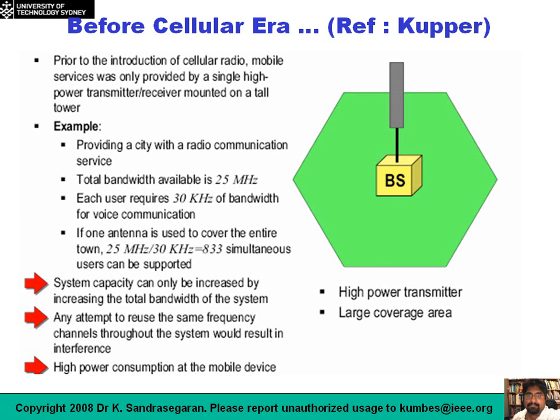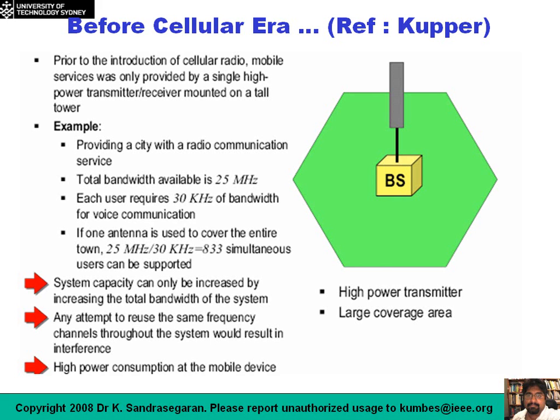So at the edge of the cells, at the edge of this coverage area, we'll find out that the signal is weak, and if you go beyond this coverage area, you won't be able to communicate. So the concept of having a single high power transmitter mounted on a tall tower is not a good one, because the amount of capacity that you can provide, or the amount of simultaneous conversations that you can have, is limited.